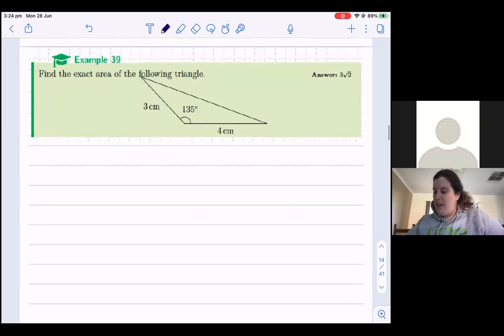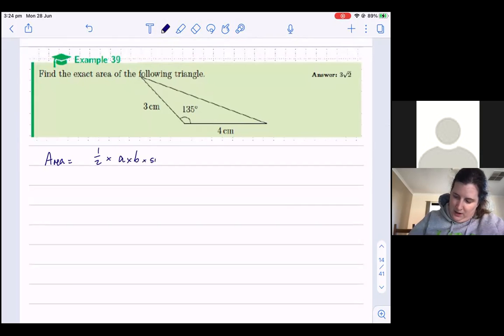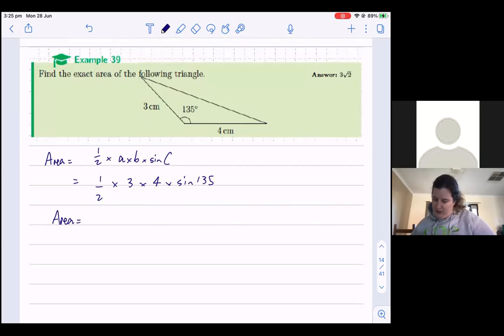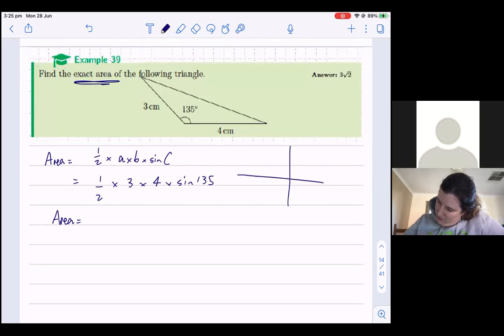The exact area of this one, there's a lovely rule. Area is half times A times B times sine of the angle in between. So we've got half times 3 times 4 times sine 135. Exact area. Sine 135. 135 is over here, and that must be 45 there.